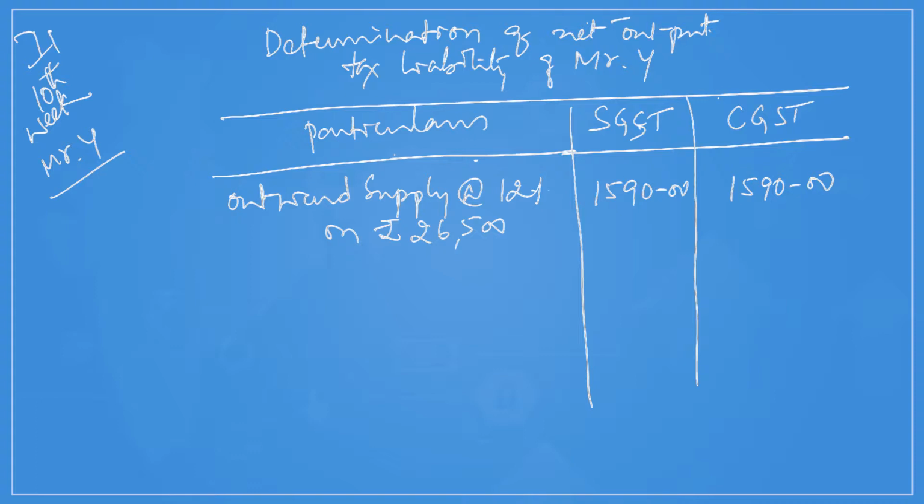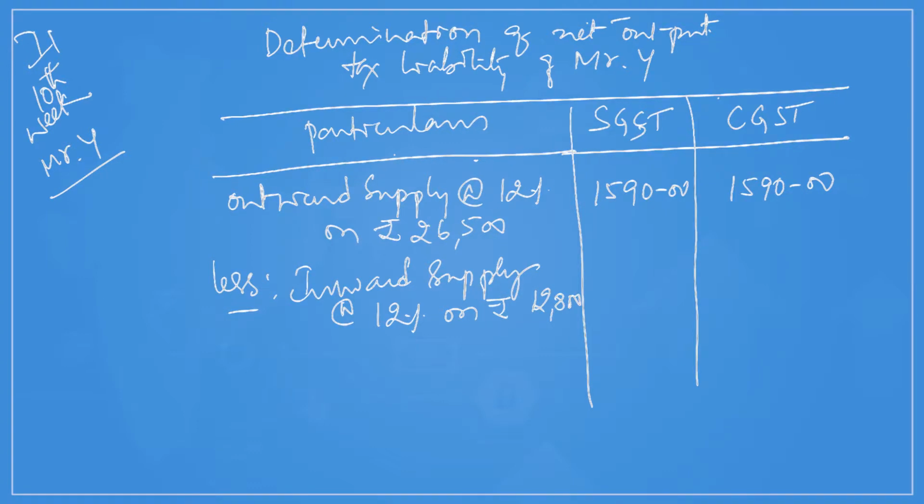From this GST liability on outward supply, we have to deduct the GST liability on inward supply, at the rate of 12% on rupees 12,800, that is rupees 768 each.